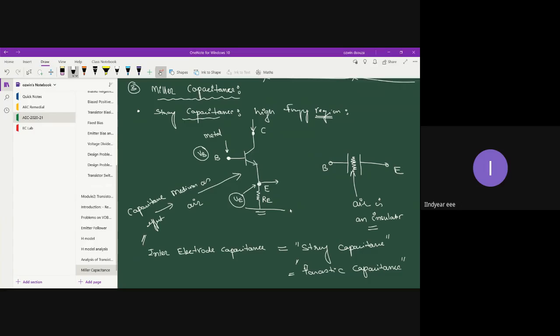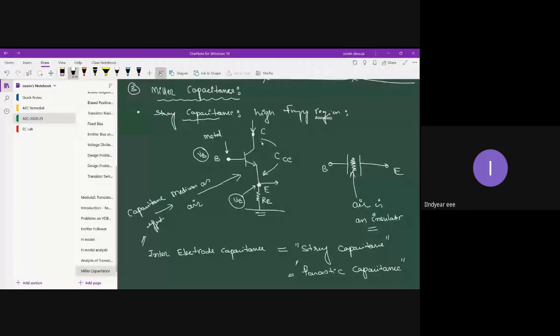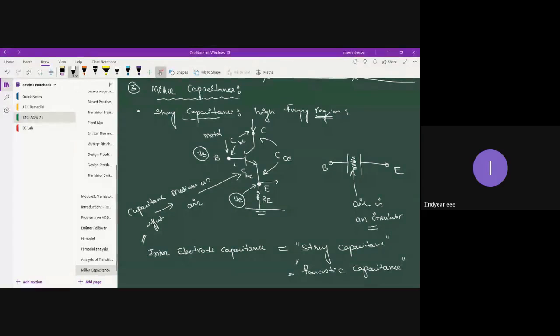So this parasitic capacitance exists between base and emitter terminal. It also exists between collector and emitter terminal. Okay, and it also exists between base and collector terminal. So BC, and this is CE.